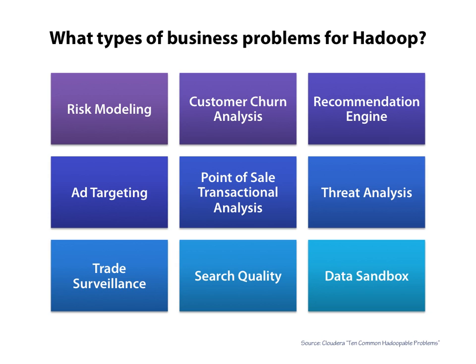It's very important to understand that MapReduce jobs are run in batch rather than interactively or immediately, where very huge amounts of data will be continually coming into the system, and where this parallelized processing is going to be a more efficient way to address some of these business needs, like risk modeling, customer churn or turnover analysis, recommending "you might like", threat analysis, ad targeting and point of sale as I mentioned, trade surveillance, search quality, and a data sandbox to just explore data. That's probably the use you didn't think about.